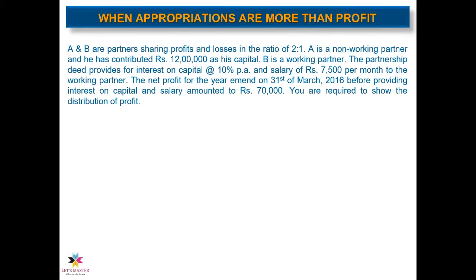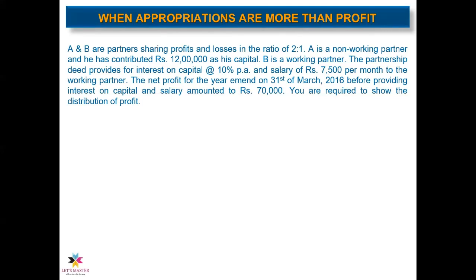A and B are partners sharing profit and loss in the ratio of 2:1. A is a non-working partner and he has contributed 12 lakh as his capital. B is a working partner. Remember in our first session, we spoke about active or managing partner versus dormant or sleeping partner.